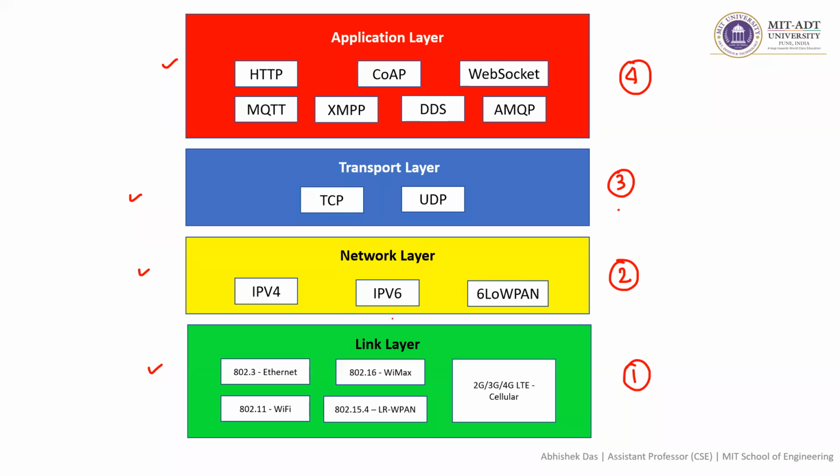And in the link layer, we have five kinds of protocols. The first is Ethernet, that is 802.3. Wi-Fi is 802.11, and WiMAX is 802.16.